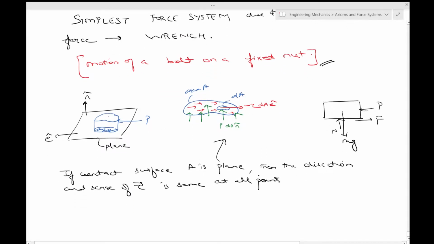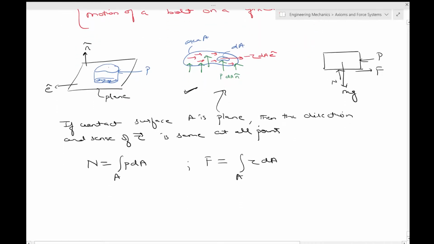In this case the normal force N will be a resultant over this area PdA. Just look at this diagram for the small area dA, and the resultant frictional force will be tau dA. And they have some relation.